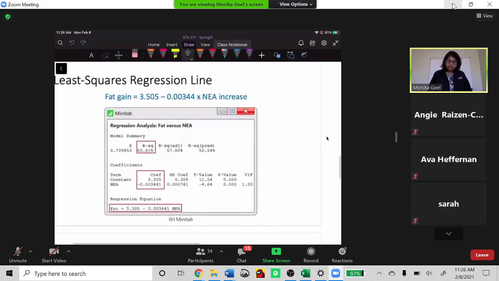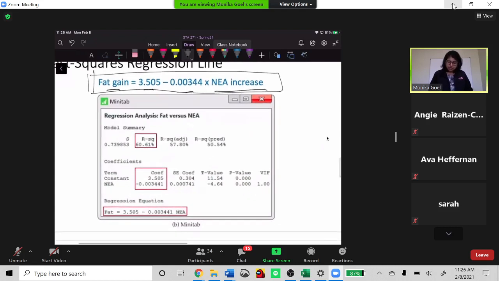When you look at the table, on the top you see an equation. It says that fat gain is this. Where is this equation coming from? Let's go to the table. Here I will see R square. That is my value of R square, how good a fit my least square regression line is.